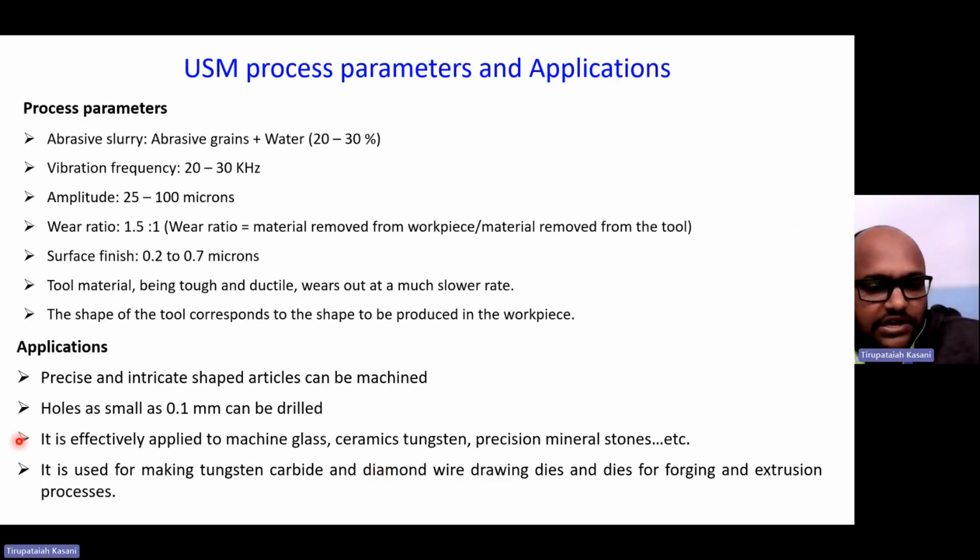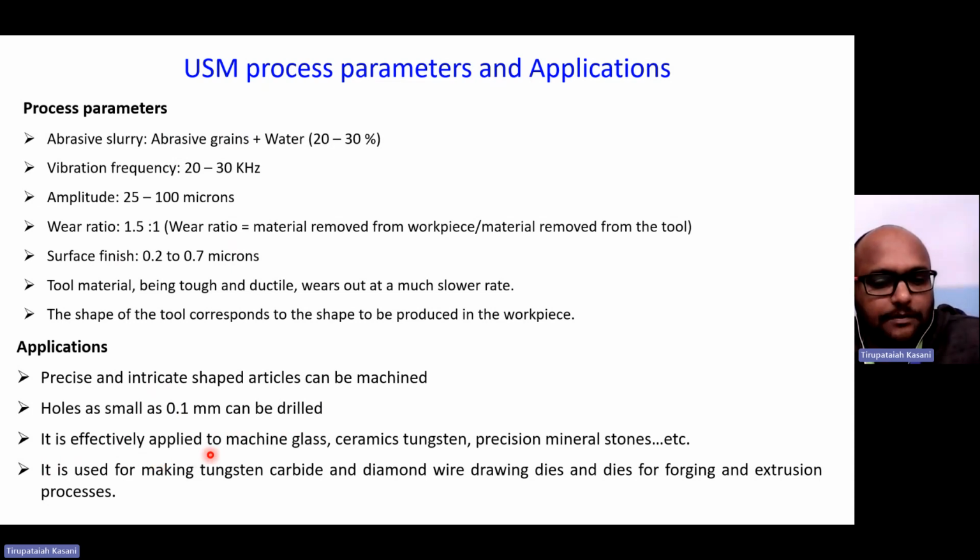Here are the applications. If you see, precise and intricate shaped articles can be machined. We can precisely control all these parameters to remove the material from the workpiece in a precise manner. Holes as small as 0.1 mm can be drilled using this ultrasonic machining process.